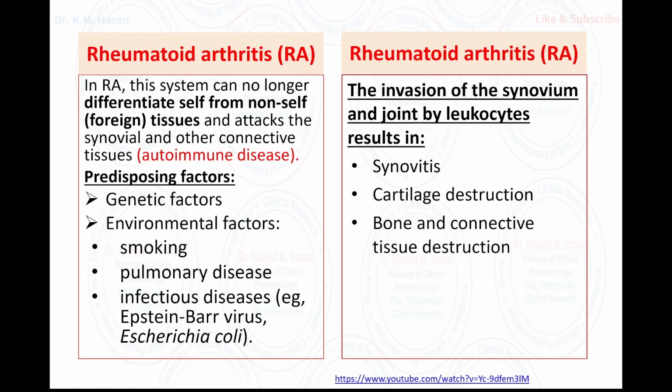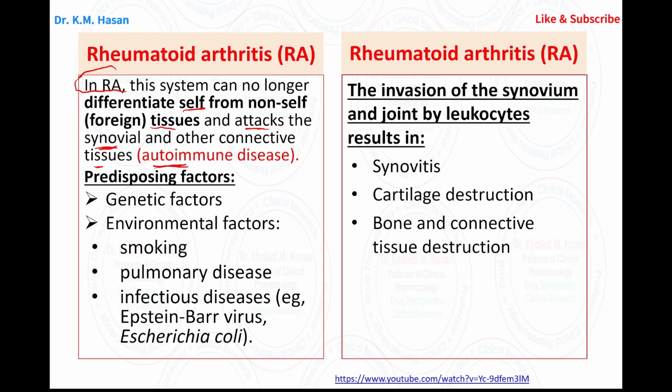Okay, regarding a little bit of details here, as you can see, in rheumatoid arthritis, our body no longer differentiates between self and non-self tissues, and they start attacking the synovial and connective tissues, and we call this an autoimmune response or autoimmune disease.